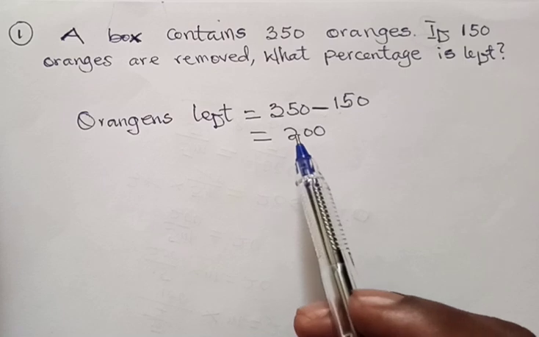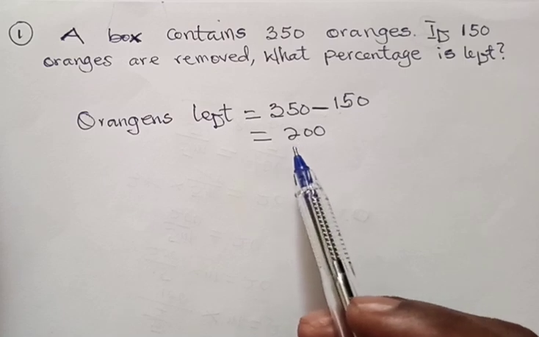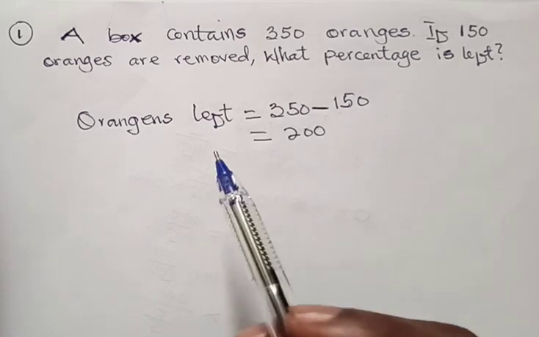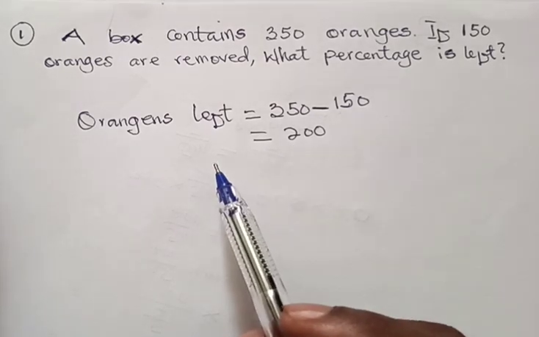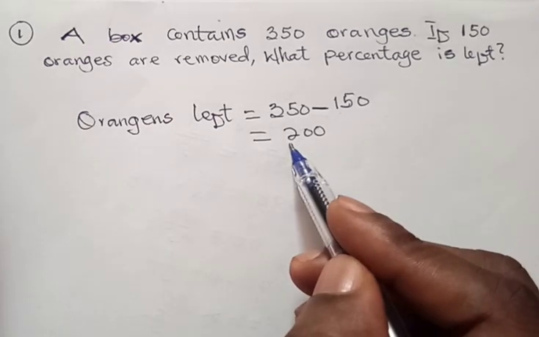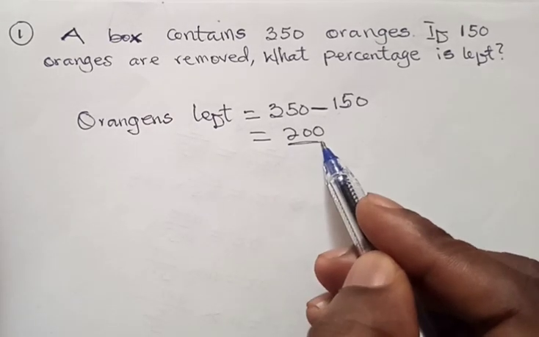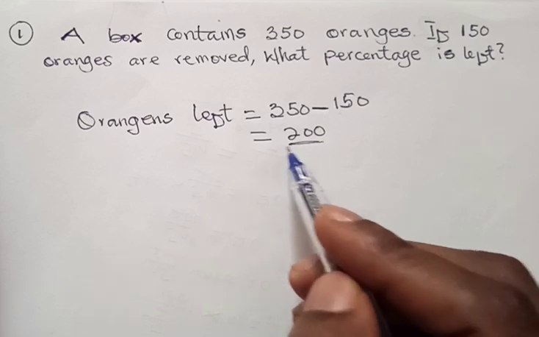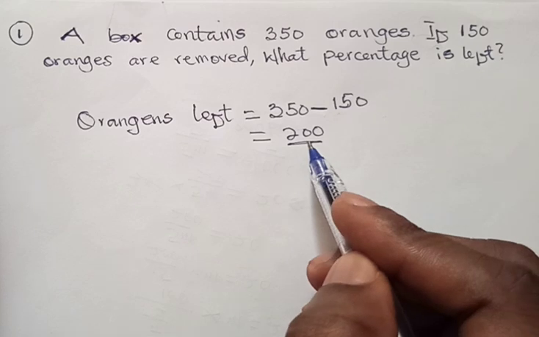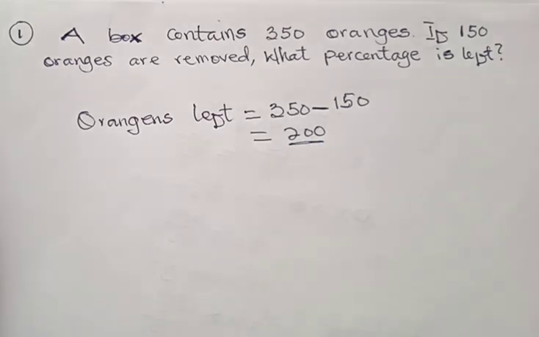So once we know the number of oranges left, then the rest of the work becomes very simple. Remember initially what we did in how to express quantities as percentage of another quantity. This time we are looking for the percentage, what percent is left. So it goes back to what we already did.